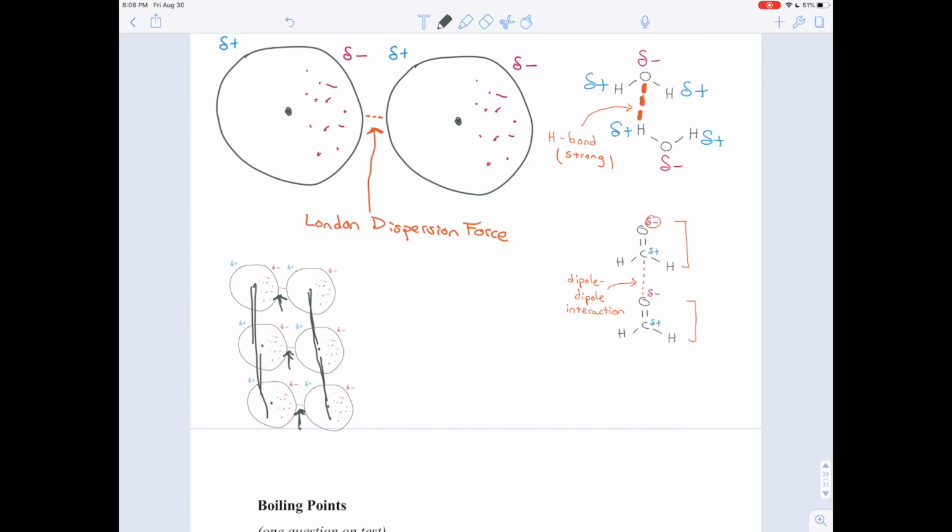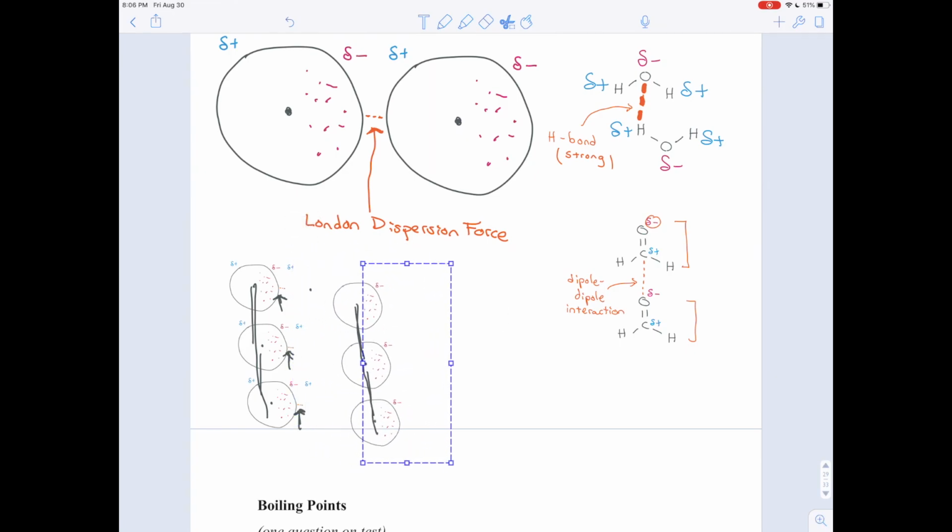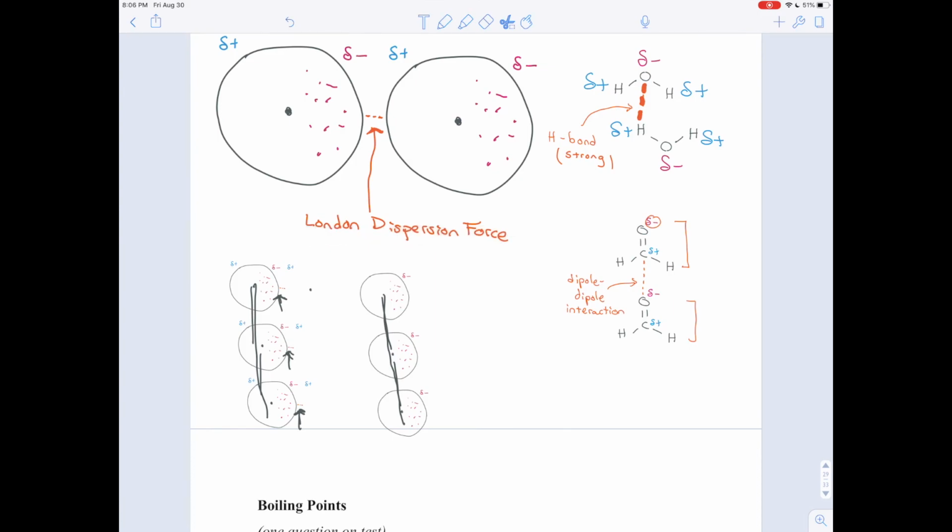One thing that interrupts this is when carbons branch. Because if you have these carbons here, or if you have these atoms here, if you have those atoms there, and there's a carbon coming out here, now that carbon is preventing these other atoms from coming into contact with the other group.